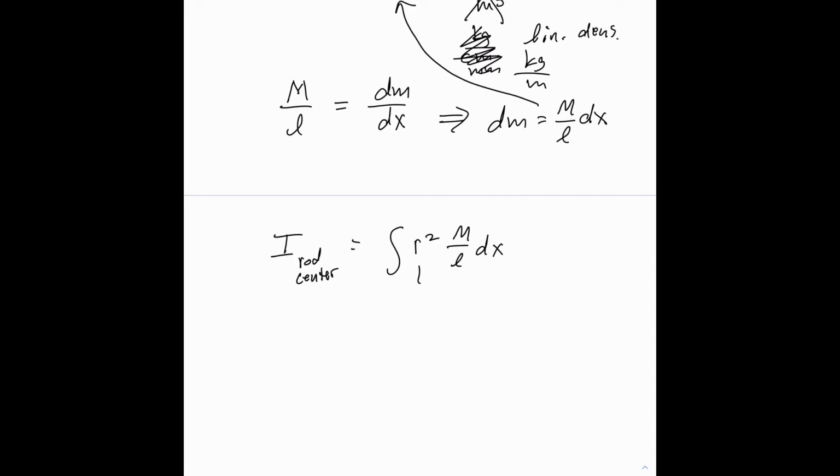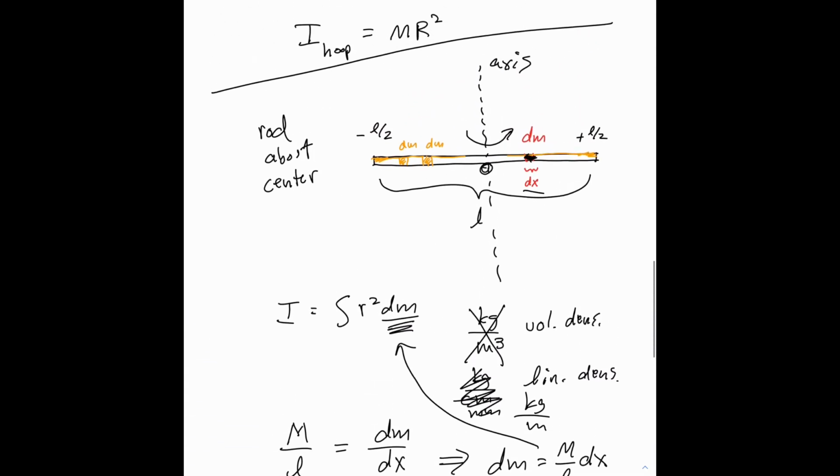Wait a minute, what's another way of thinking of r? So r is just the distance between any value of dm and the axis of rotation. So the value of r for that piece would be labeled this way. If I want to find the value of r for this piece, there it is. How about this dm? That's its value of r.